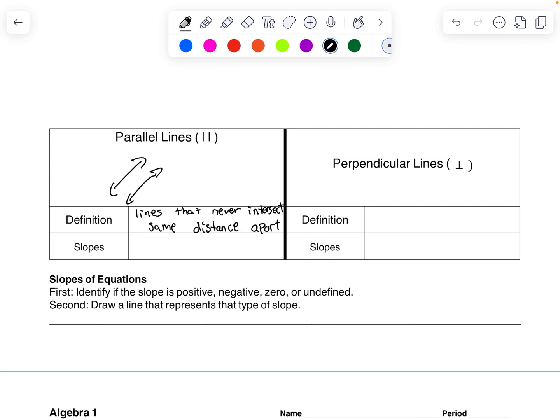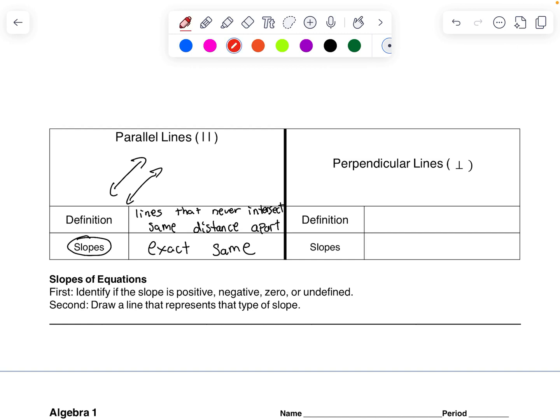Okay? Now, if I have two equations, how do I know if those two lines will be parallel? It's all about what the slope is. If the slopes are the exact same, okay, you will have parallel lines. Okay, that's going to be important to know.